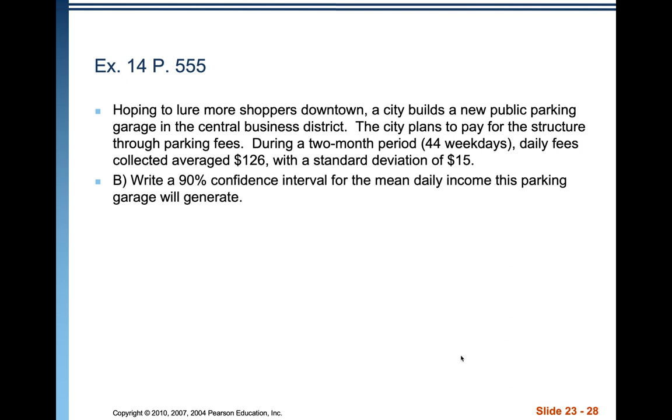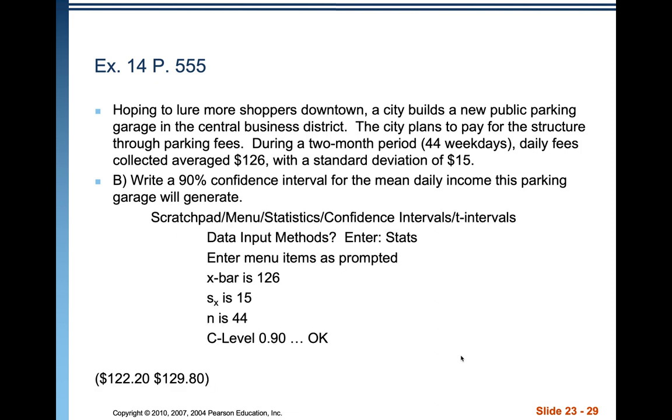We want to write a 90% confidence interval for the mean daily income this parking garage will generate. So we put this into our calculator. It's going to ask you how you want to enter your information. Do you want data or do you want to enter statistics? We want statistics. X bar is 126.